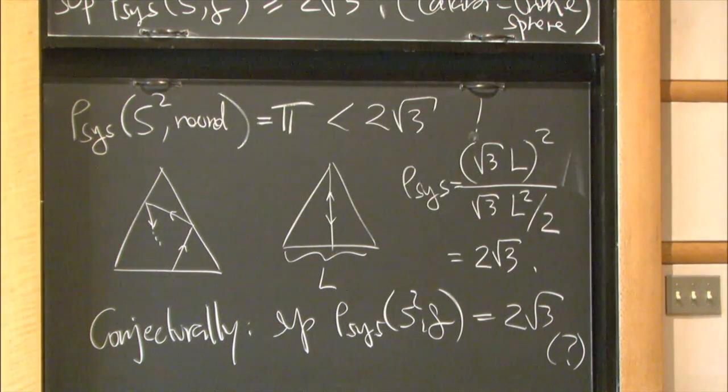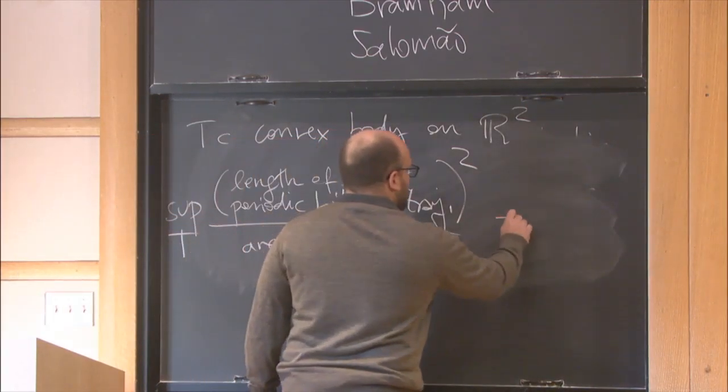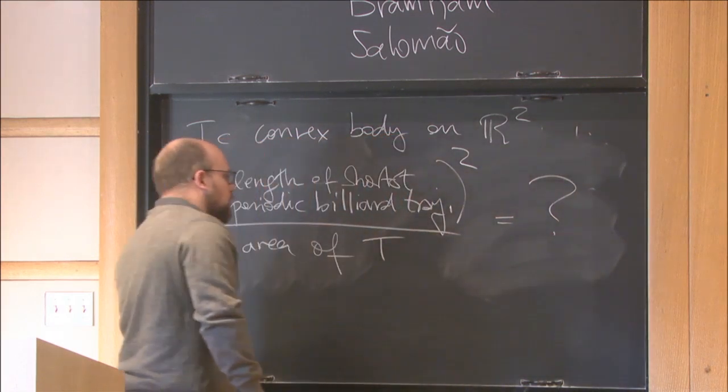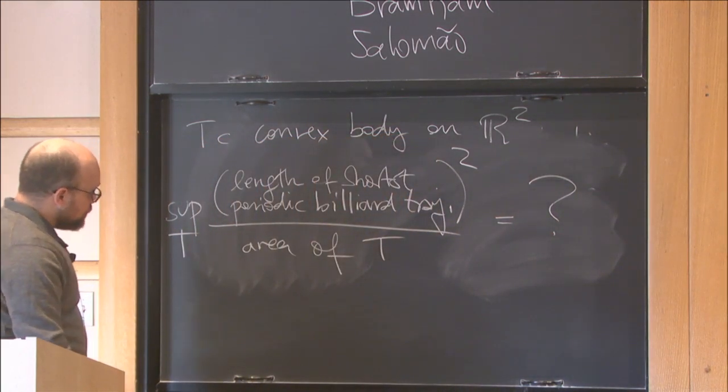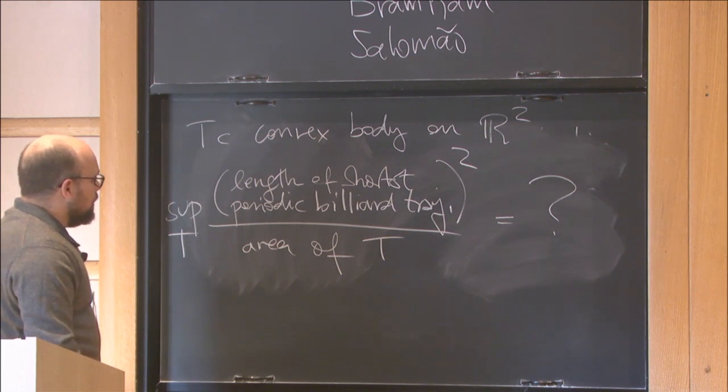So then, one can also consider this problem, looking at billiard tables on the plane and trying to compute this. I have been discussing this problem a little bit with Ostrover and Berman, and it seems that it's really hard.